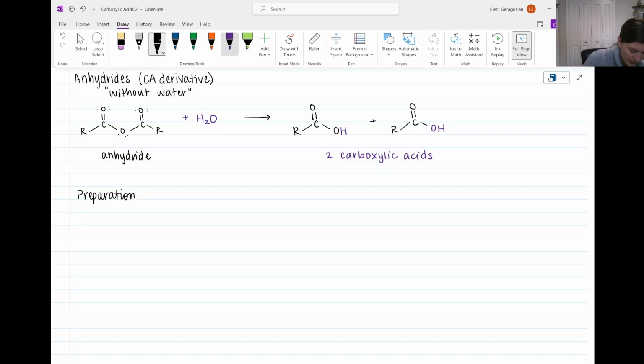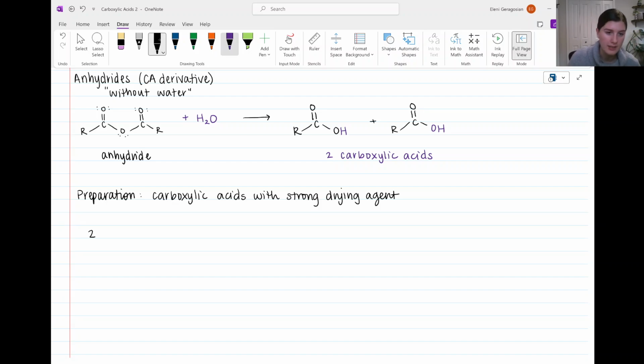So we'll say preparation with a strong drying agent. We'll start with a carboxylic acid, and then we'll add a strong drying agent. So here's an example, and if we're forming an anhydride, we need two carboxylic acids.